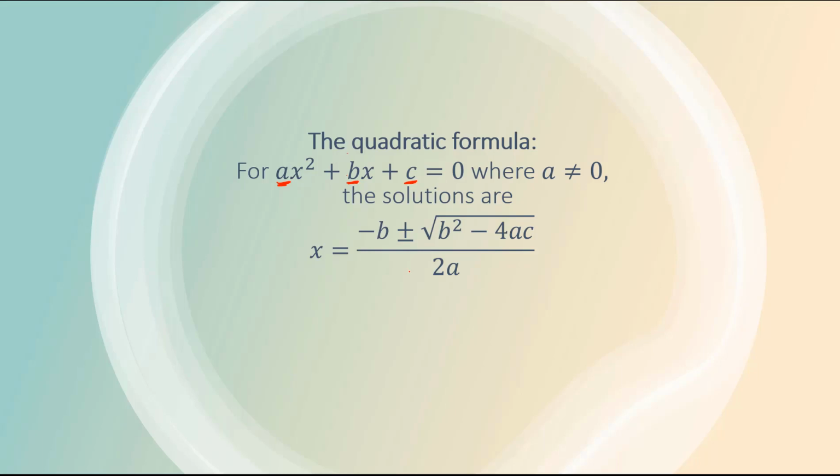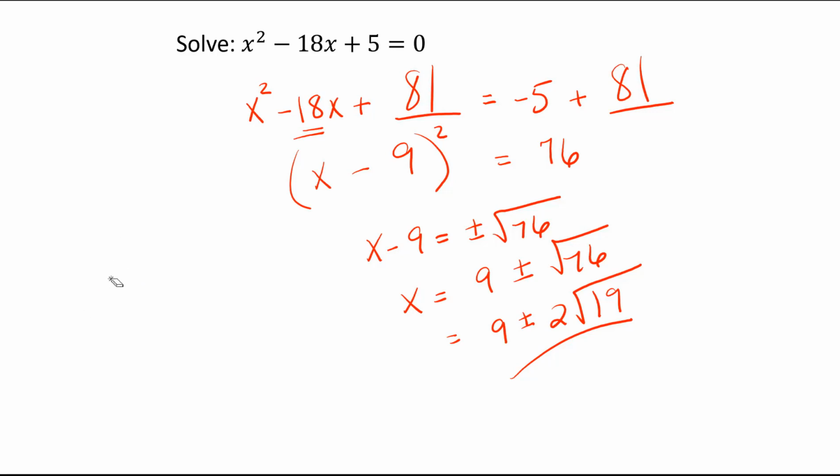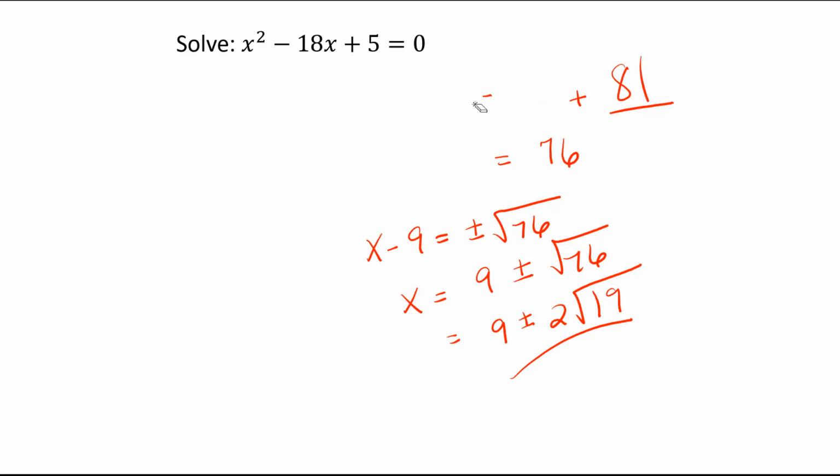And we're just going to go back to our previous slide and erase all this and do this simple derivation of the quadratic formula just so you can see where it comes from. I guess if you forgot it and you knew how to complete the square, you could derive it yourself.